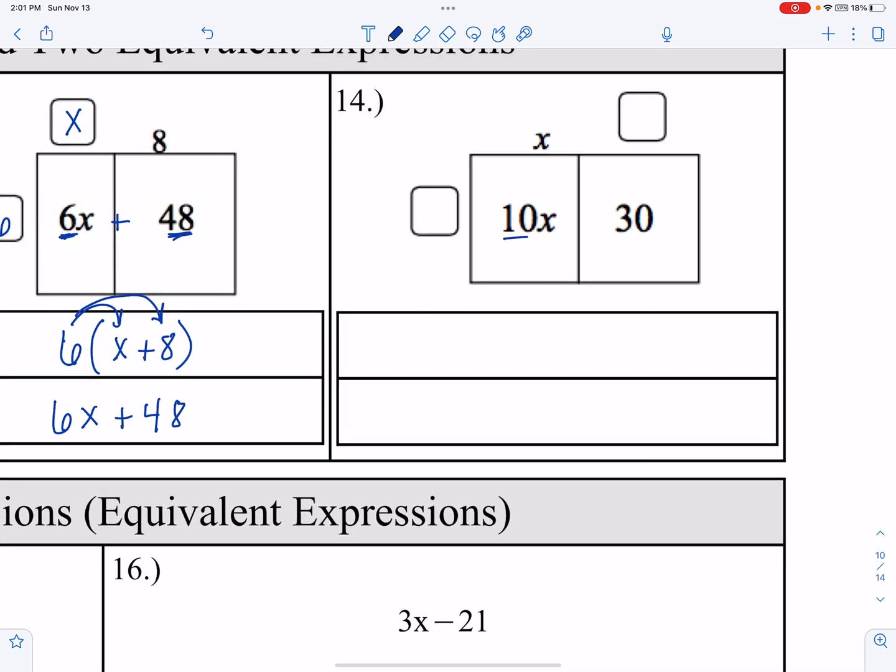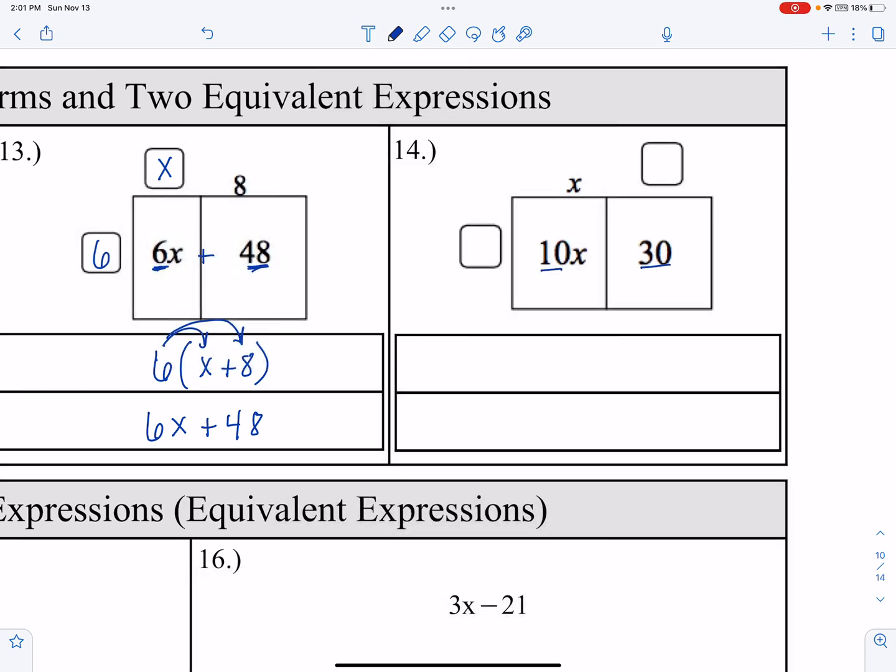Over here, same thing. I'm looking at my numbers and determining what is the greatest common factor that I can pull out of those, always looking at this number and considering it first. So I can definitely pull out 10. So I have 10 times x plus, and 30 divided by 10 is 3.